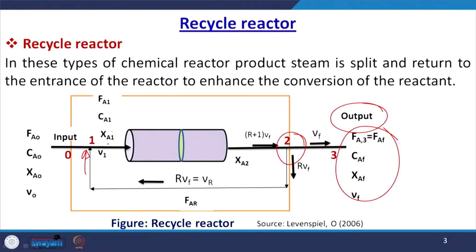When we talk about concentration and feed rate, we have to look into the aspect that the return or recycling stream is also participating in the input stream. This particular approach we need to address while considering all these things.